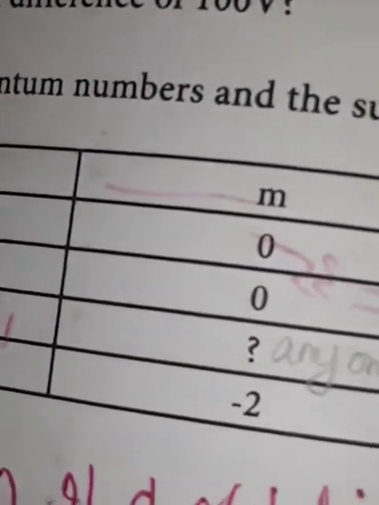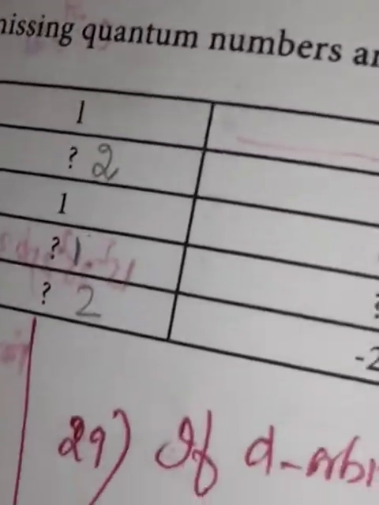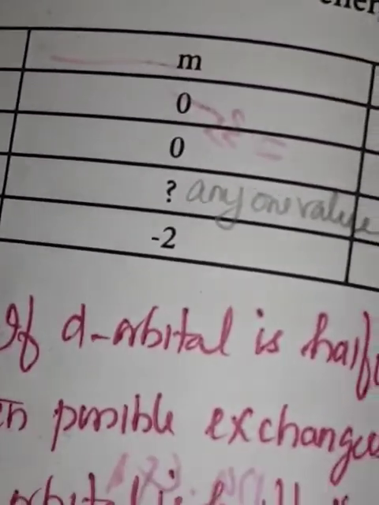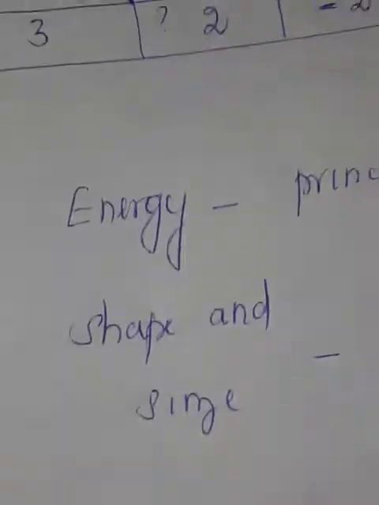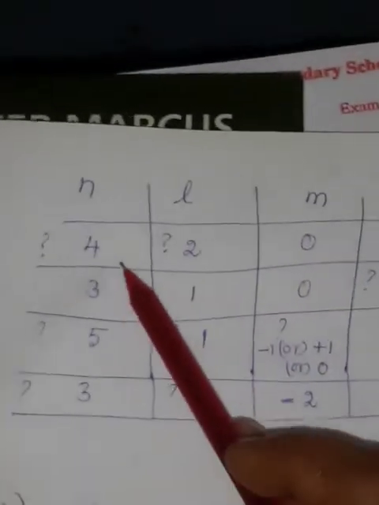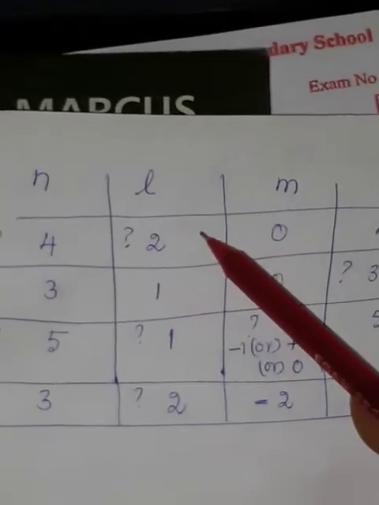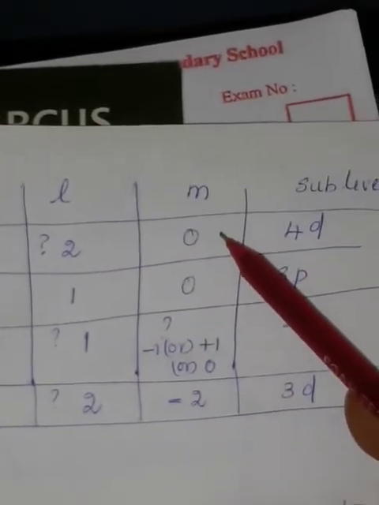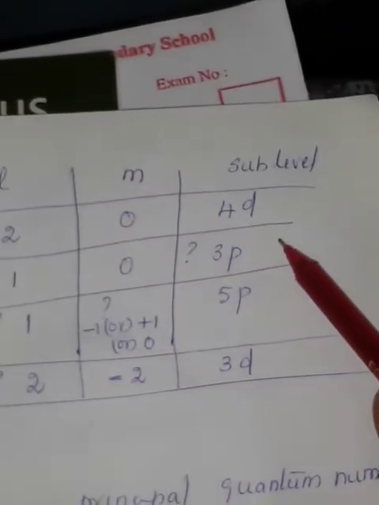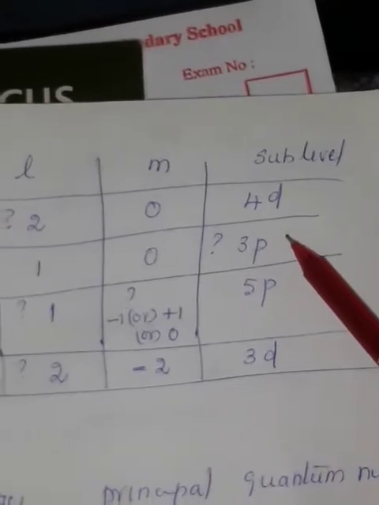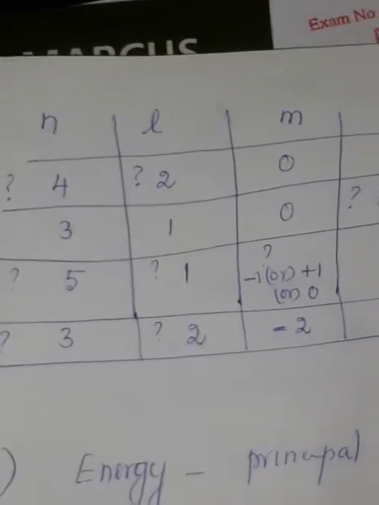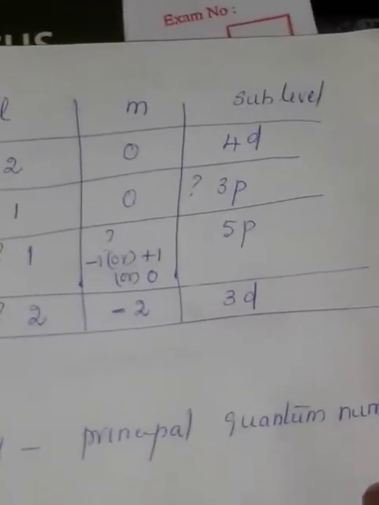Then 51st question, a tabular column is given for finding n, L, M. N value, L value, M value and sublevel, with question marks which you have to fill up.